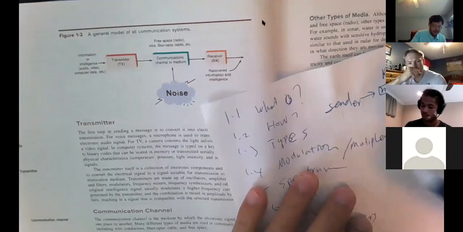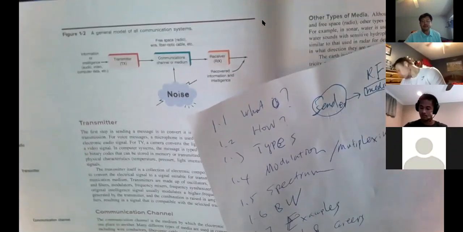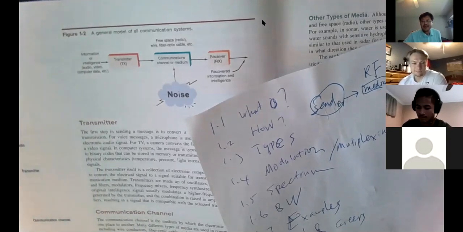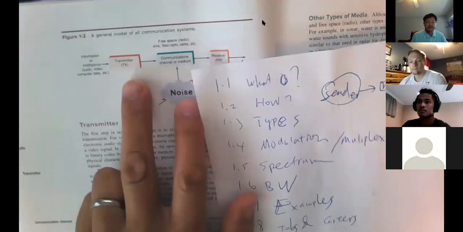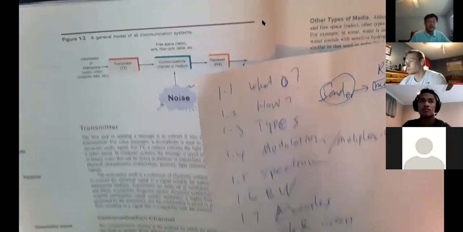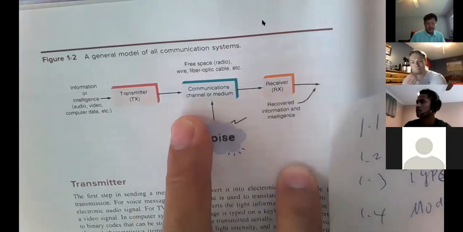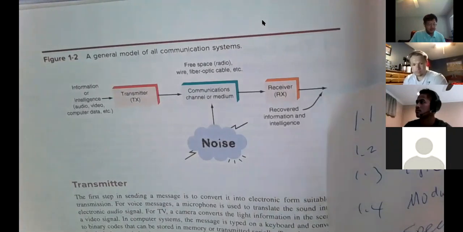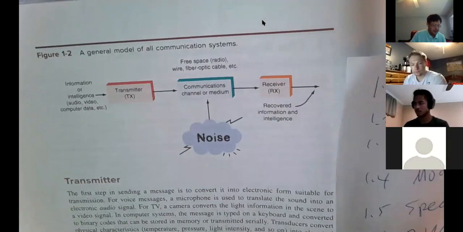So you have a sender. We don't call it sender. That's not technical. You will not get a job if you call yourself a sender in an interview. They will not hire you. They think you know nothing. It's a transmitter, right? We call it a transmitter, followed by a receiver. Usually the transmitter and the receiver are built in one box because you not only want to transmit, you also want to receive. So we call it a transceiver.